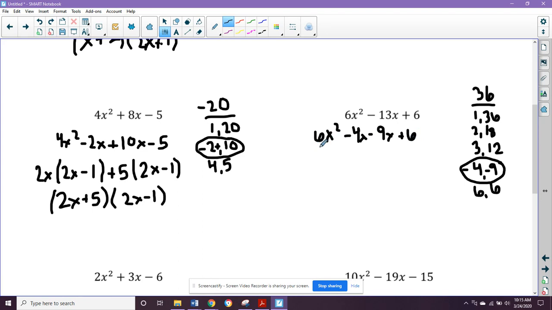Factor by grouping. Greatest common factor between the first two terms is going to be 2x, and what are you left with would be 3x minus 2.